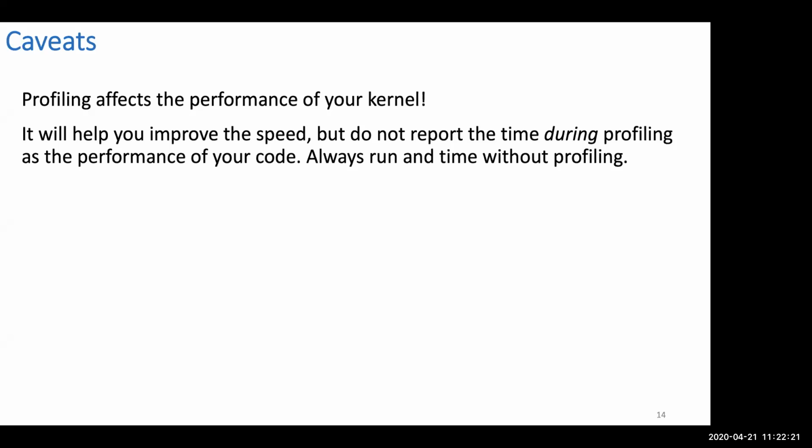If the profiler says the kernel takes 3.5 milliseconds, the kernel may actually take 2 milliseconds when it's not being profiled. So make sure you record absolute times not under profiling. You just use profiling to improve the performance. This trips people up sometimes, so I just wanted to mention it.